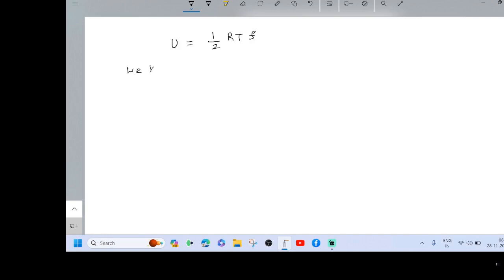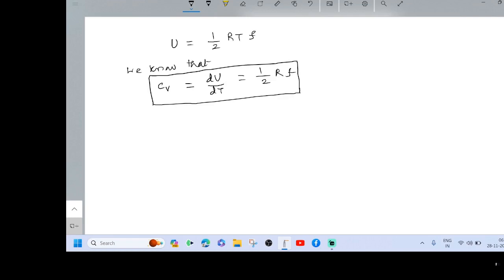We know that CV, specific capacity at constant volume, equals dU by dT. From this relation, CV equals 1 by 2 R into F. This is the value of CV in general. Now we have to find out the value of CP.